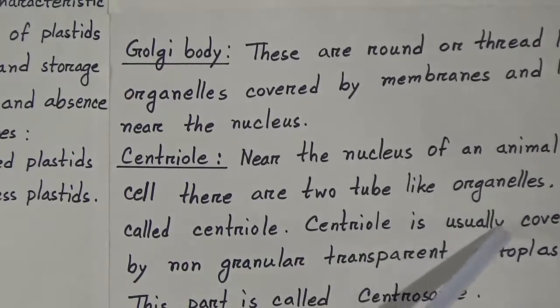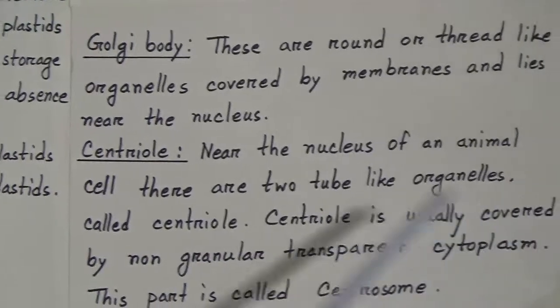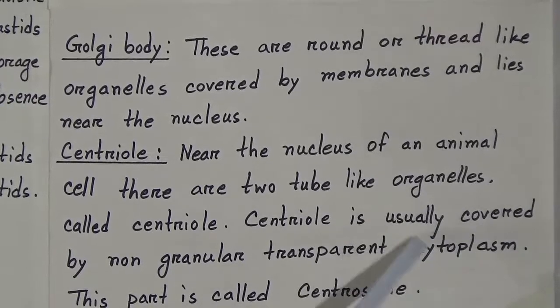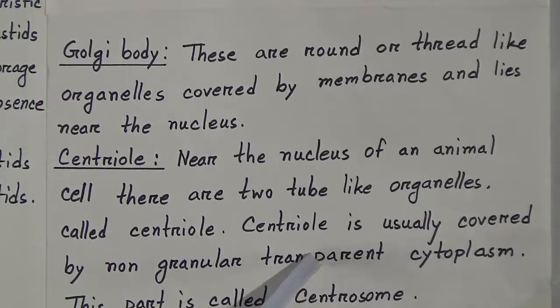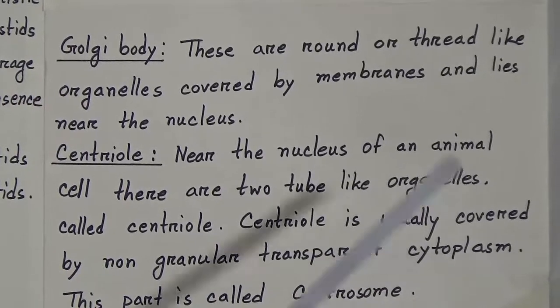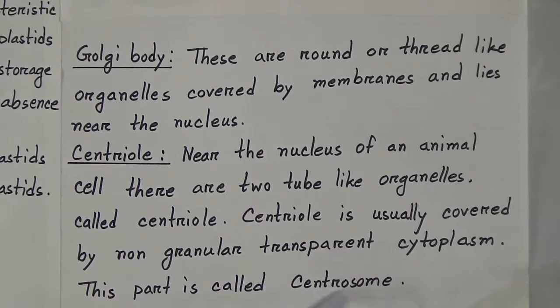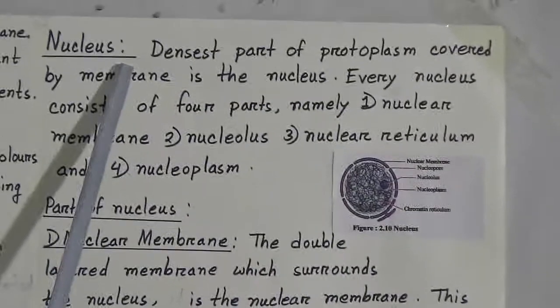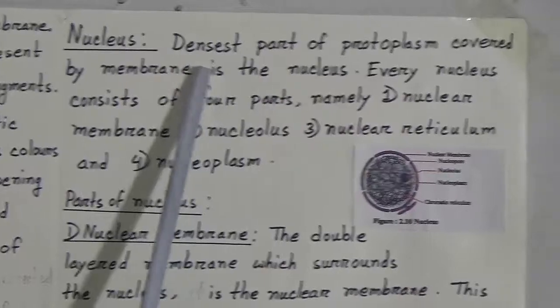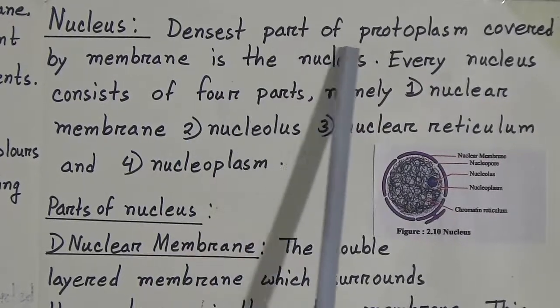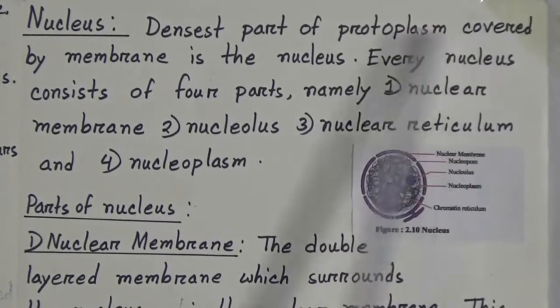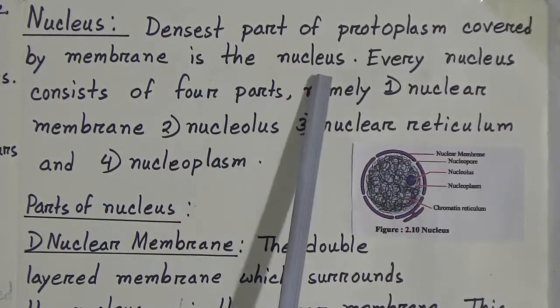Centriole is usually covered by non-granular transparent cytoplasm. This part is called centrosome. Next is nucleus. This is very important part of a cell. Densest part of protoplasm covered by membrane is the nucleus.